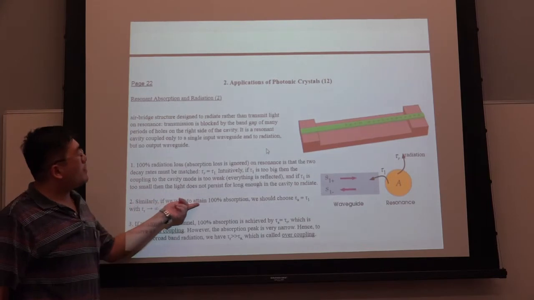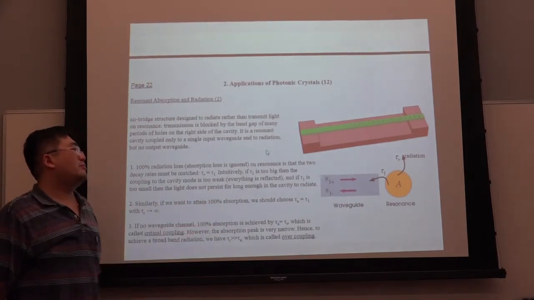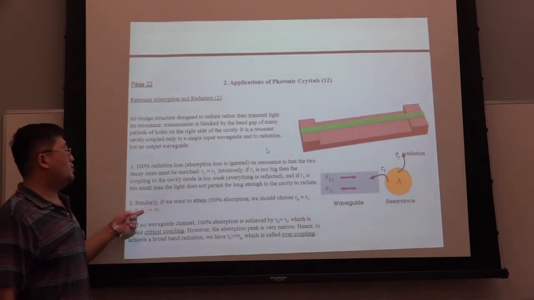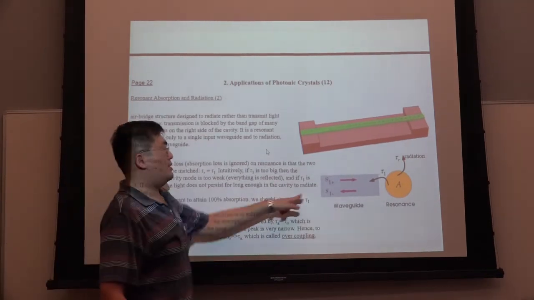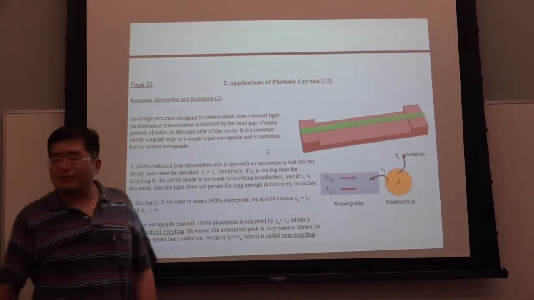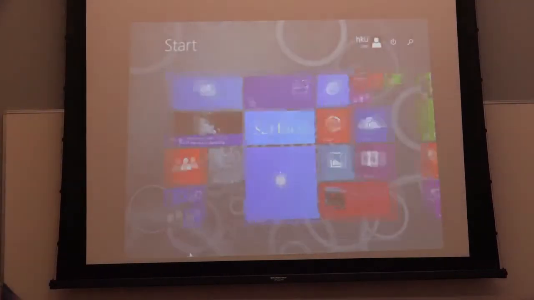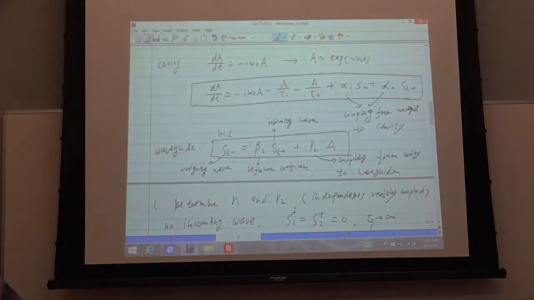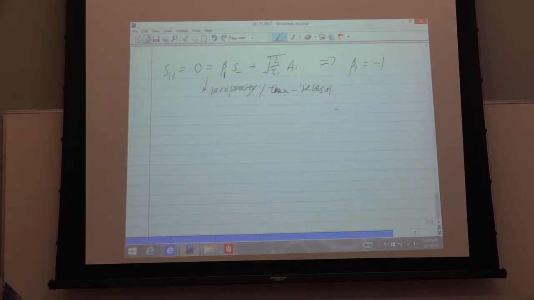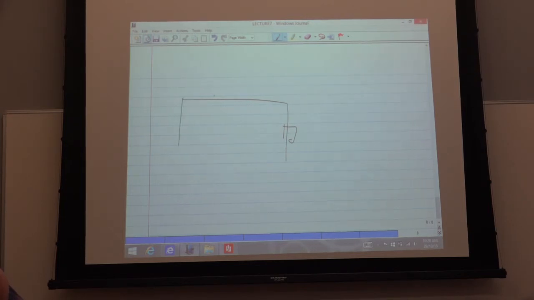Similarly, we also can obtain the 100% absorption if radiation loss equal to 0. But we also can choose this condition. This condition is very similar to your learning the circuit. This source, this Vs source, this R output.